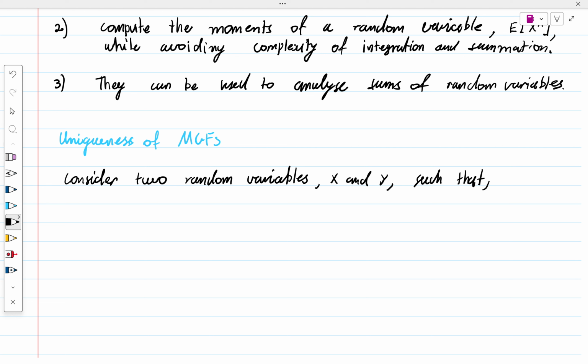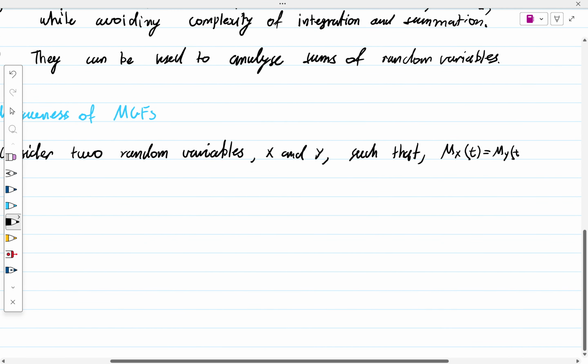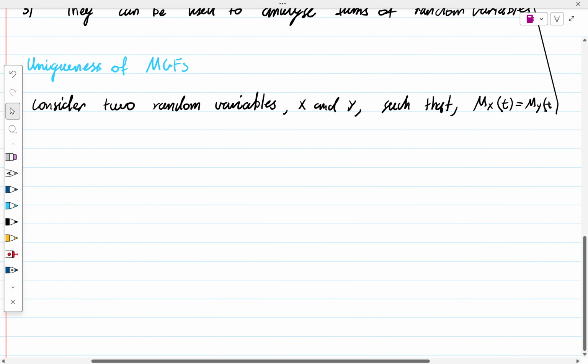they have the same MGF. In other words, M_x(t) is equal to M_y(t). For some reason my pen decided to create that huge line, but I hope you get the picture.